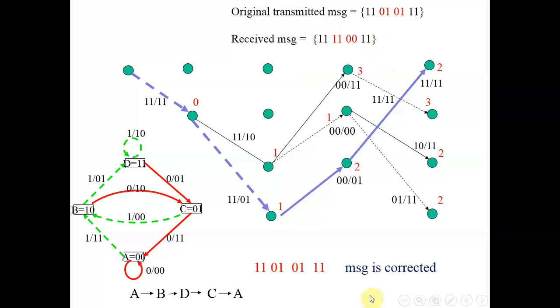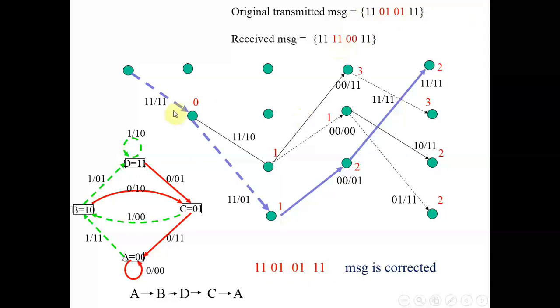And after all the elimination processes, the path which is the winning path, if I follow this path, what I get is 1, 1, again dotted path, so B to D, 0, 1, then solid path, so D to C, which is 0, 1, and C to A, 1, 1. So 1, 1, 0, 1, 0, 1, 1, 1, which is the original message.